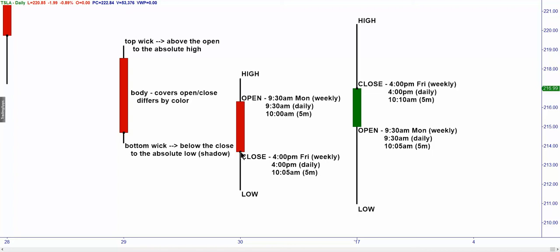And then when you have a candle that opens and finishes higher at the close, that's presented as a green candle. Again, sometimes in a grayscale chart, that will be presented as a white, open candle, just a black frame with white inside.